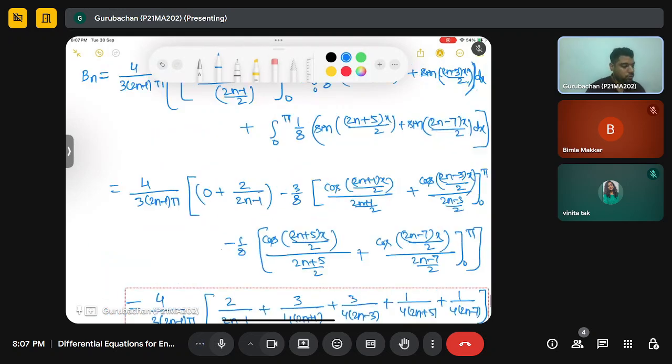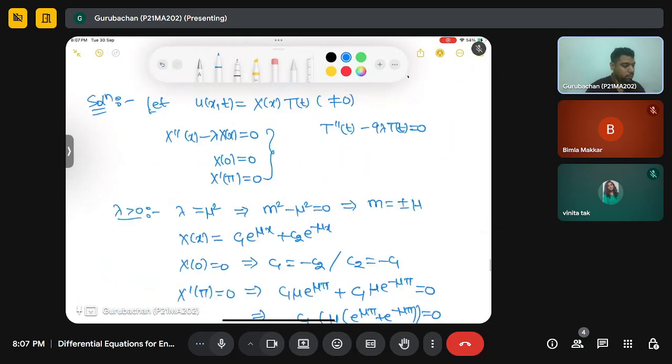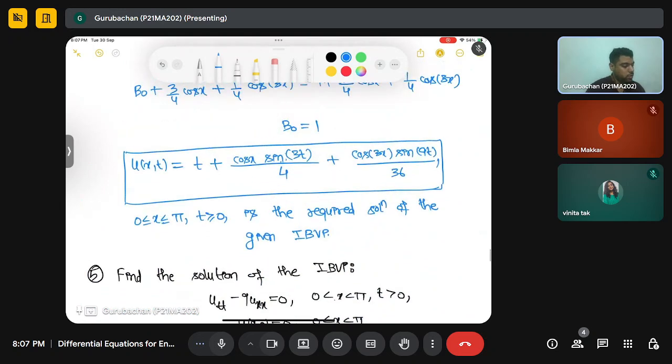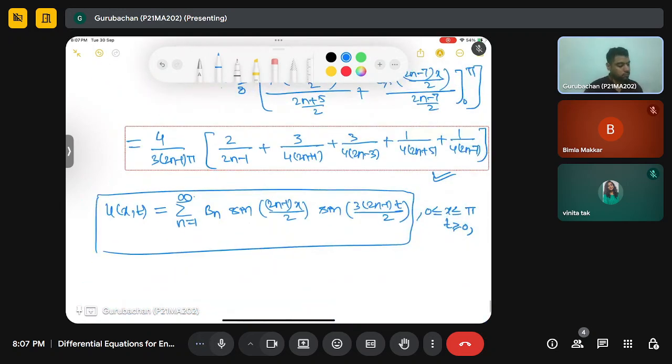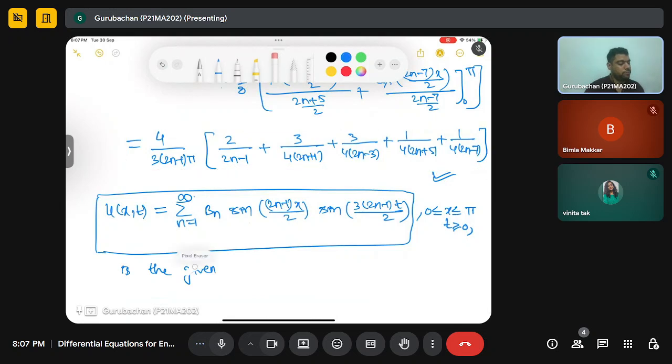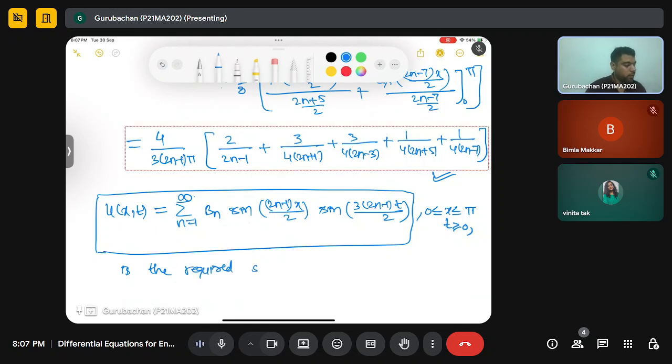The above also we should write here as 5. This is the series solution of the given boundary value problem.